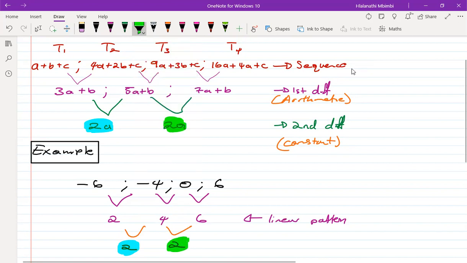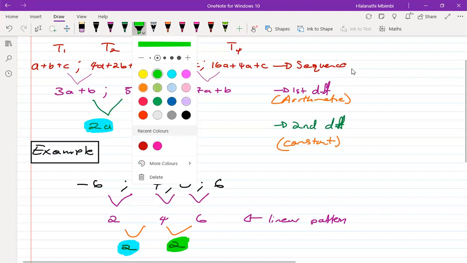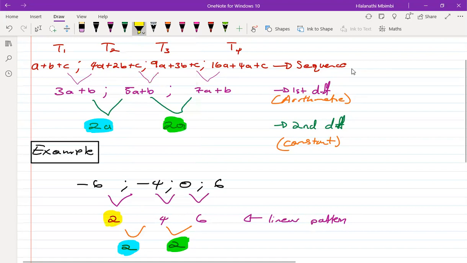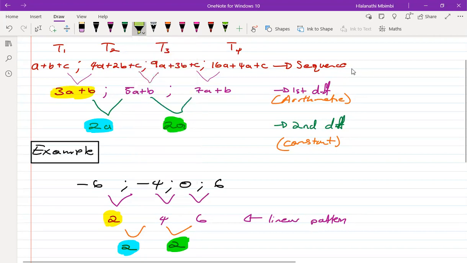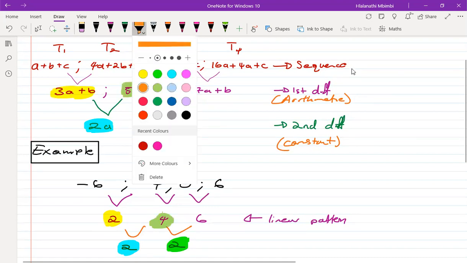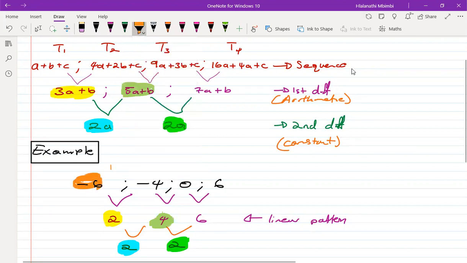And this term over here is equivalent to this term that is here. And this term over here is equivalent to this term over here.